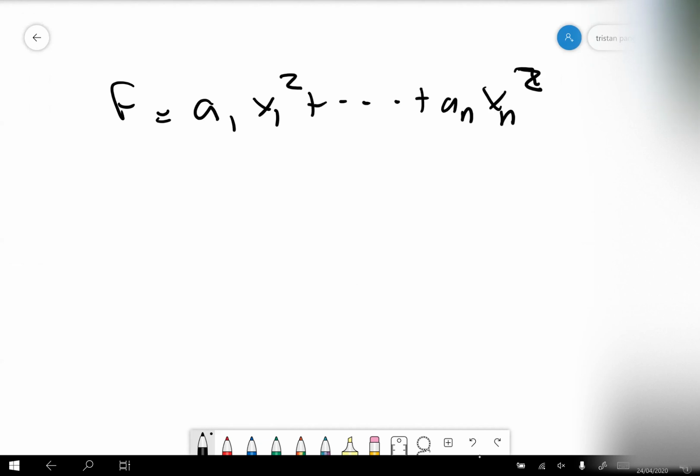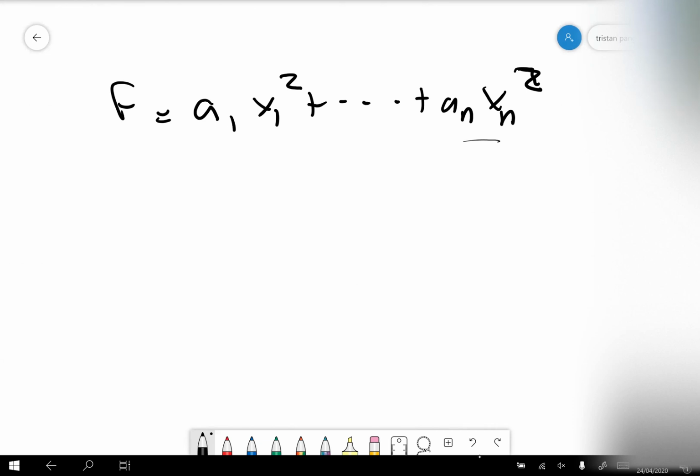And actually, after a change of variables, if you recall stuff from Maths 253 or something, you can always get rid of the cross terms, and you always have a1 x1 squared plus something, up to an xn squared, something like that.